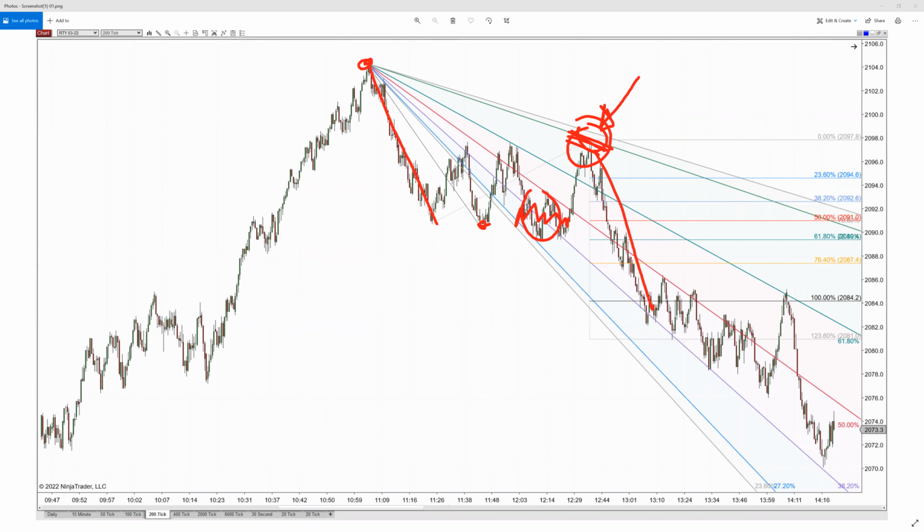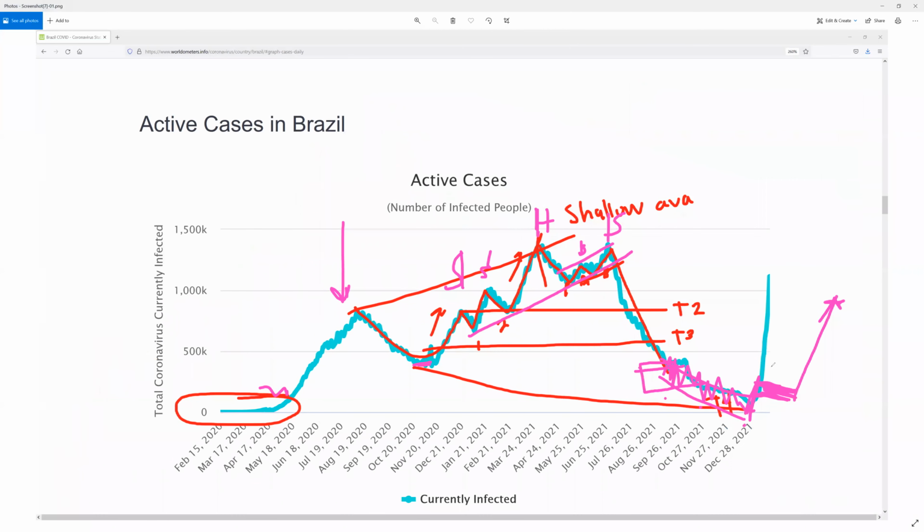Now, I mentioned that we can use the same type of things when we're investigating basically any market. So look at how that previous chart looked, and look at how the active cases in COVID play out in Brazil here. Here's our avalanche.